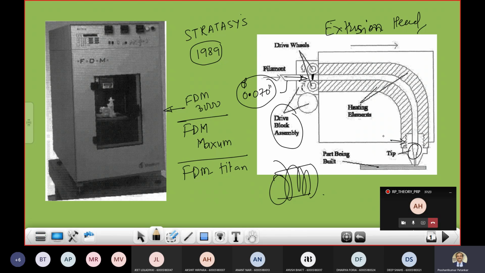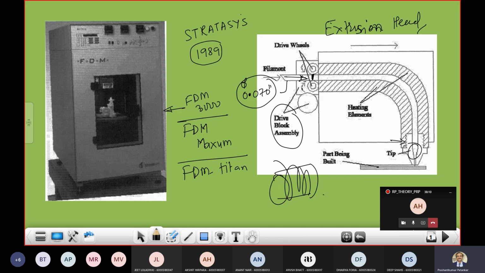Now, as far as that heating chamber is concerned, you can see that it has been curved through 90 degrees in the form of an elbow, and it is completely wrapped by the heating element, which serves the primary function of heating. One purpose is to change the direction of the filament flow so that the material gets extruded vertically in a downward direction.